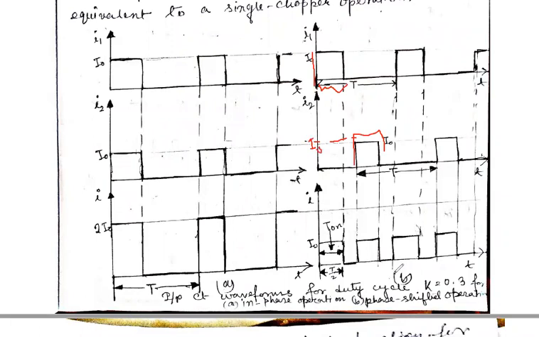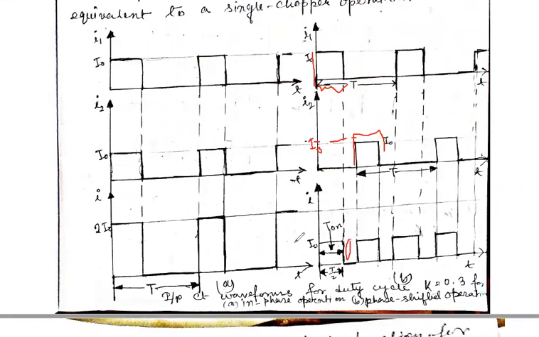If we combine these two graphs to find the load current I, we get this type of curve. So here the off time gets reduced.